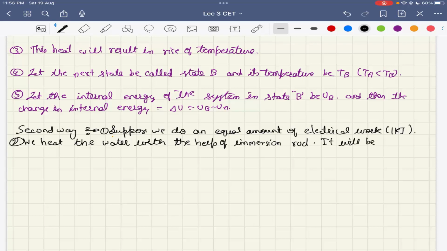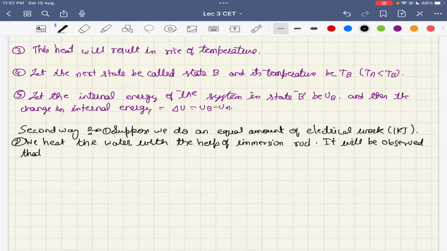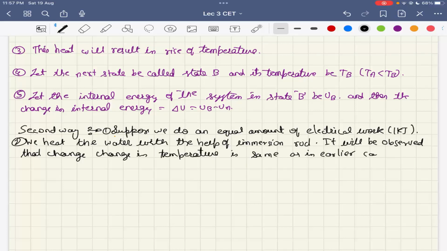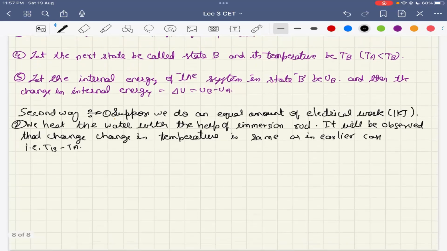It will be observed that the change in temperature is the same as in the earlier case, that is TB minus TA. Right? Thus we observe that the value of internal energy is characteristic of the state of the system, and the adiabatic process work done required to bring about a change is equal to the difference between the value of U in one state and that in another state.